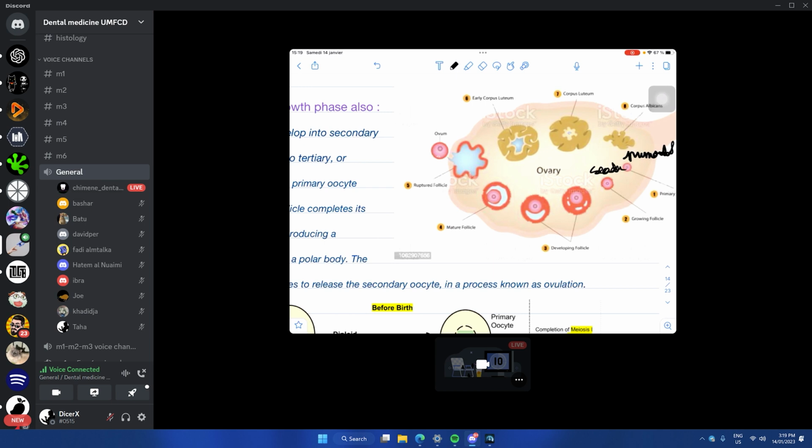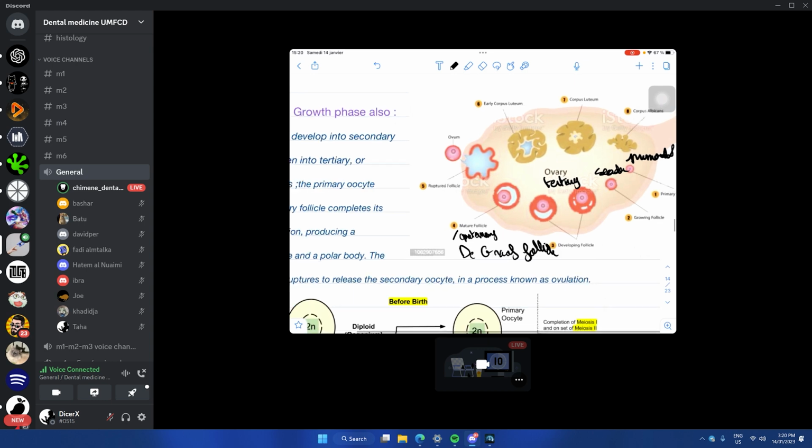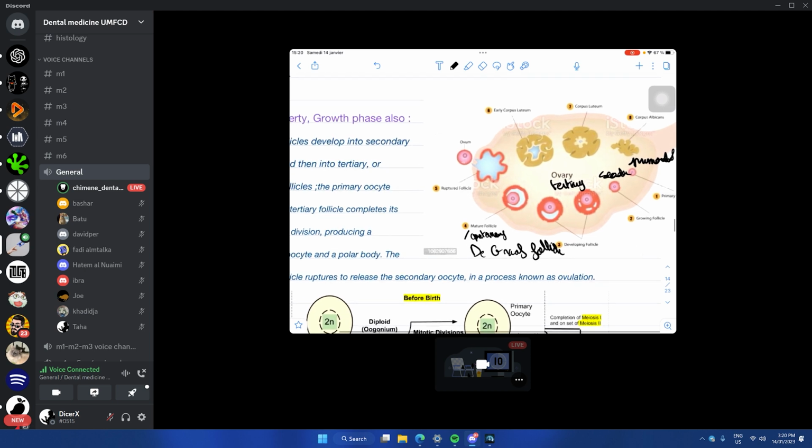You can call it mature follicle or quaternary follicle, or the main name of it is also the Graafian follicle. Okay, this is the main name of the mature follicle. What are, let's say, the main components? What makes the mature or Graafian follicle so special is its anatomy.